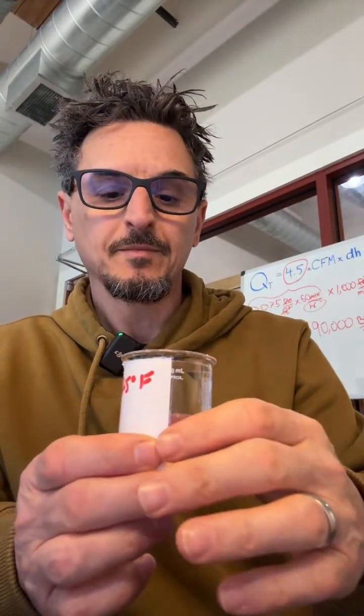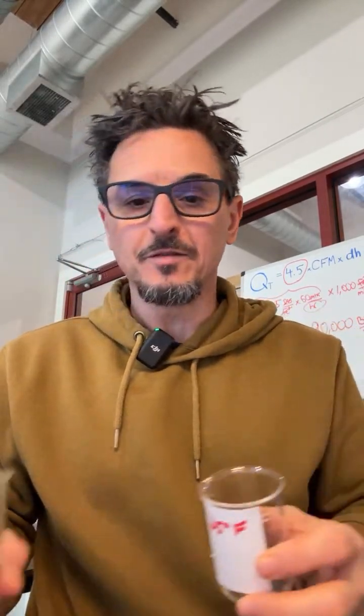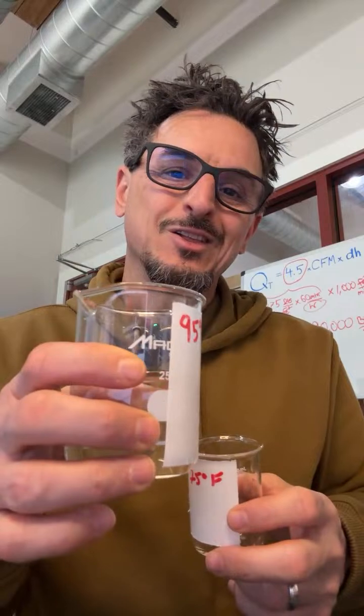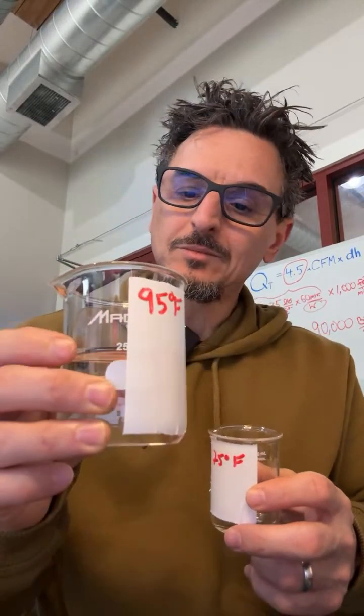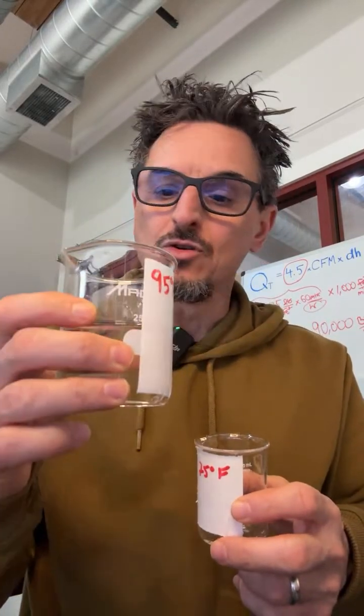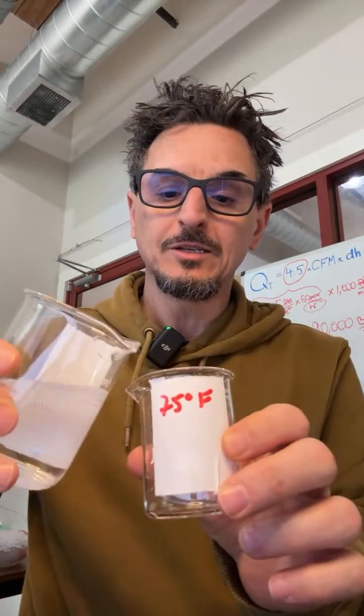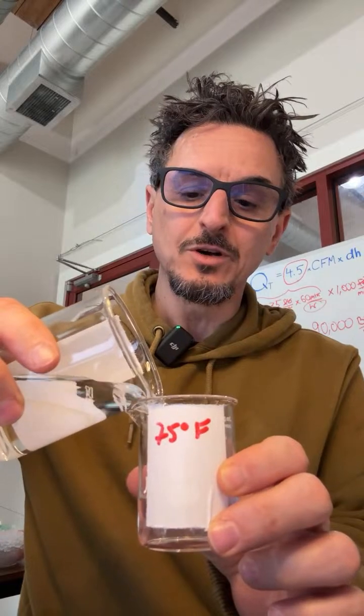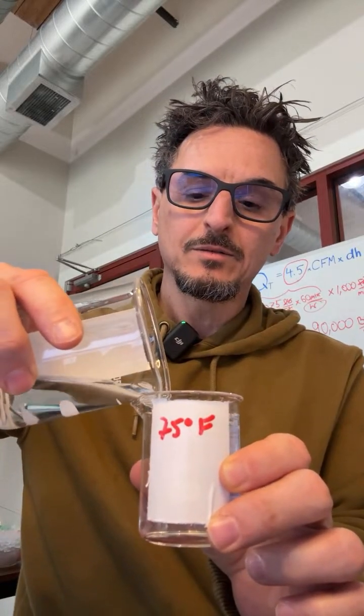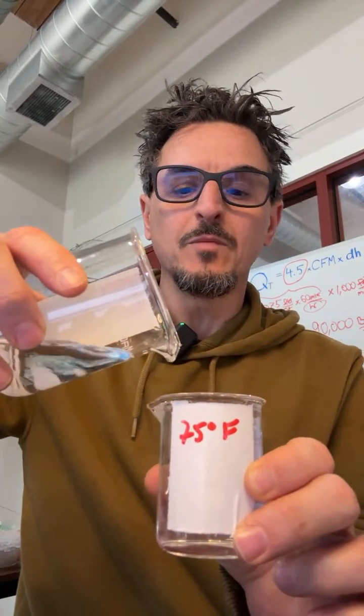See that? Here's a good example too. So if you take this beaker of 95 degree air with the volume and you cooled this down immediately to 75 degrees, all the moisture would do what? It would overflow. It'd be 100% saturated.